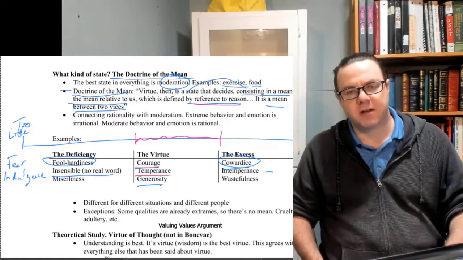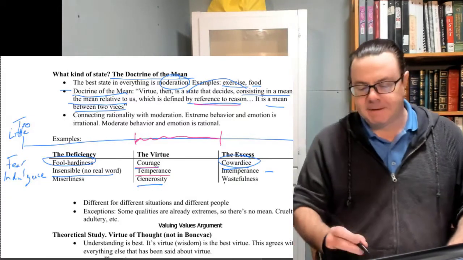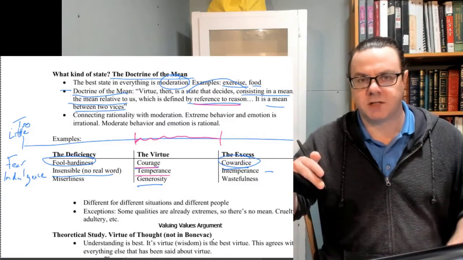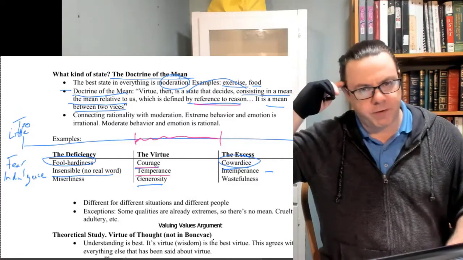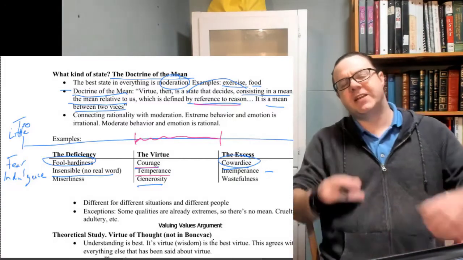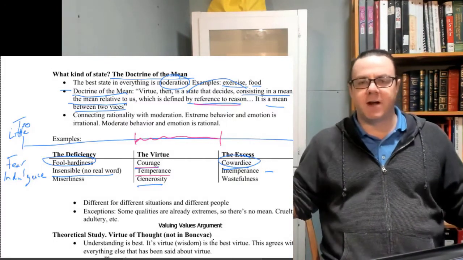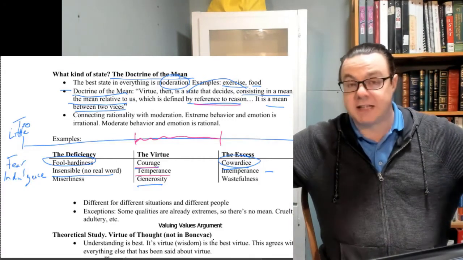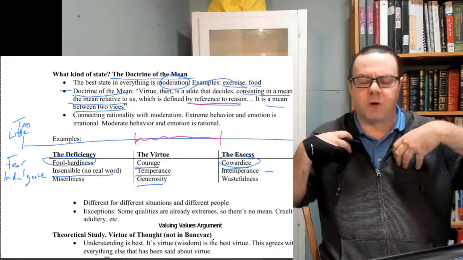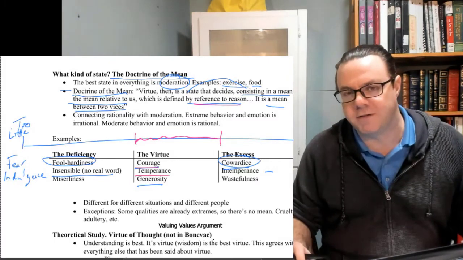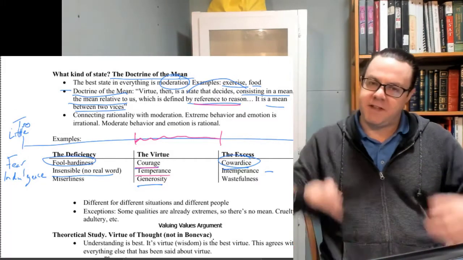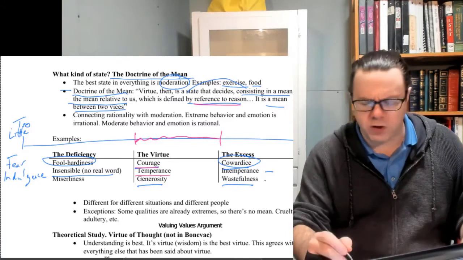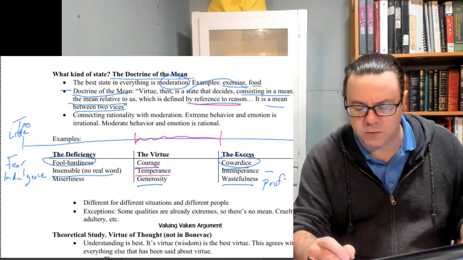maybe Aristotle's treating this as a challenge case, but it's possible to go too far with regards to generosity. If a person gives away all their money to their friends and buys things for everyone in their life, so much that they make themselves poor and end up being of no use to anyone, then they've gone too far with this, and they've become wasteful, or you might say profligate is another word here.